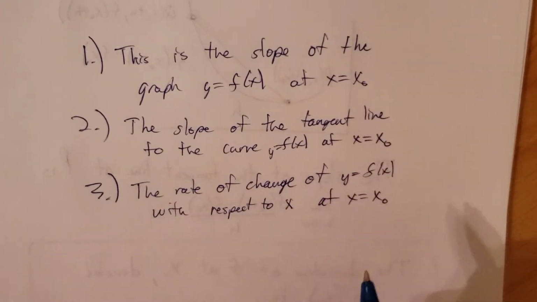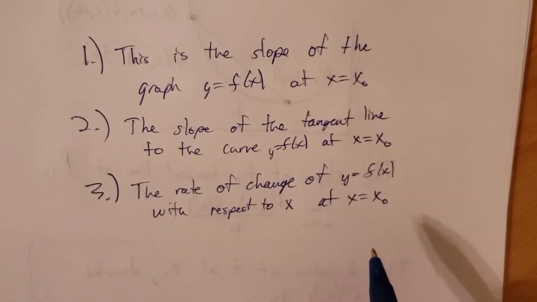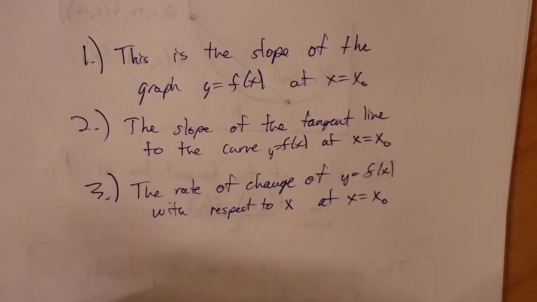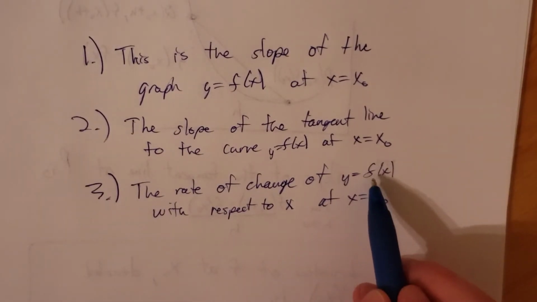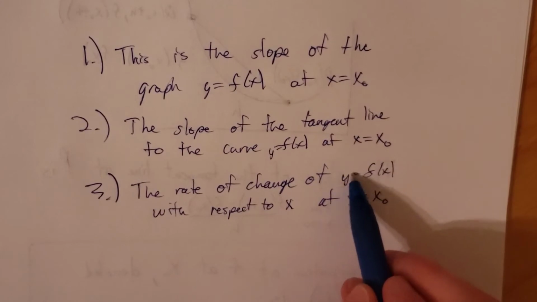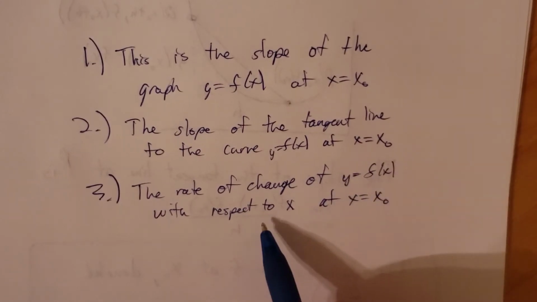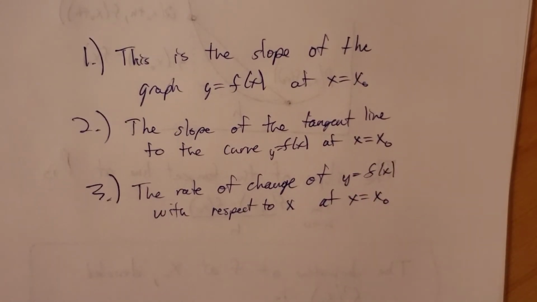What does this mean? This means we have a function y equals f of x, and we want to know the instantaneous rate of change of that function f. So what is the instantaneous rate of change of y if x is increasing?